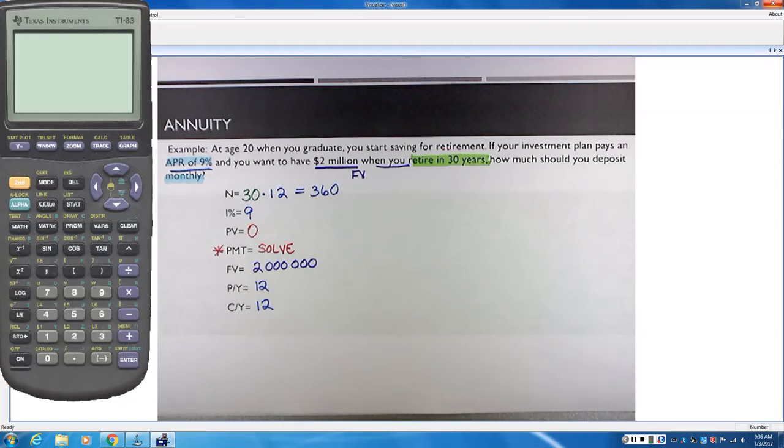So here we go. We start out with N equal to 30 times 12, at an interest rate of 9% annually, 0 present value. We're going to solve for the payment, but what we want to have is $2 million.